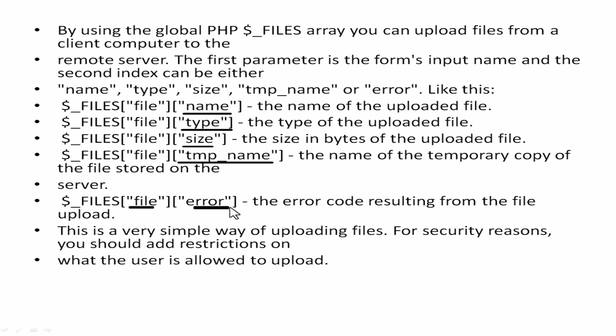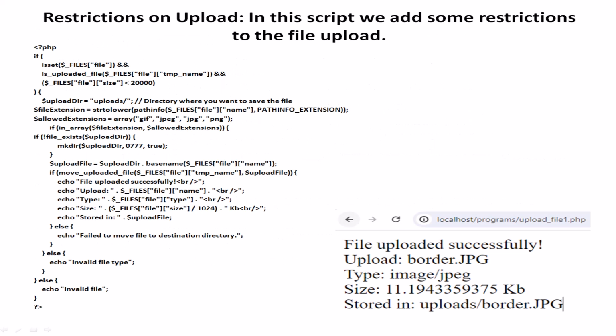So next, files and error. If any error has occurred, then it is going to show this particular message. So now here, in this particular script, we are going to give some restrictions. So in order to upload a file, you may have seen particular websites where you upload your photographs for generating the hall ticket of competitive examinations.